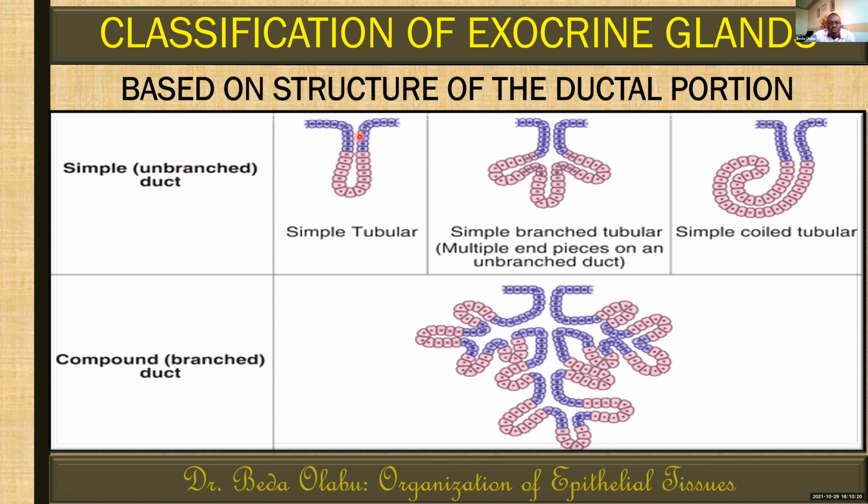But if the ductal portion is branching, we call it a compound gland. So this would be considered a compound gland, and these three would be considered simple glands because the ductal portions are not branching.